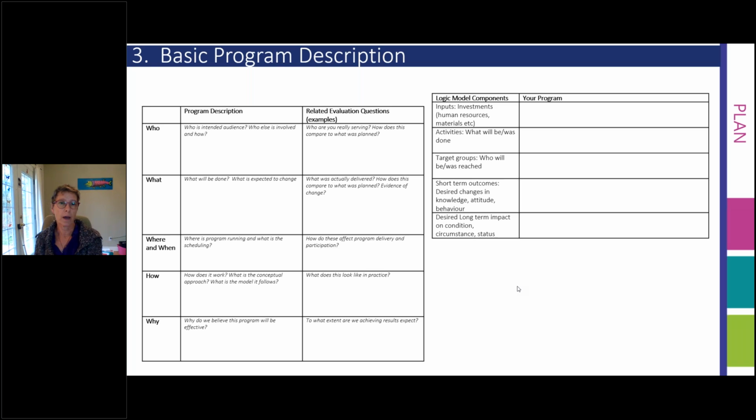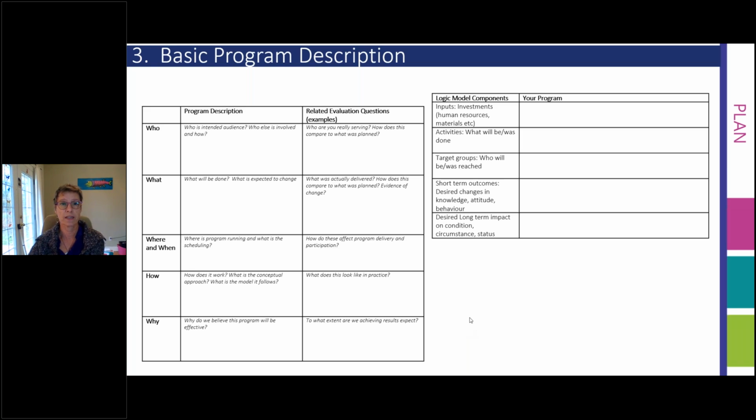This may be an actual program theory that's research-based, or it may be more intuitive: we've seen in our organization that when we do this, this happens. And along with every one of these program descriptions, there are parallel or related evaluation questions that you can pull from there. So we'll go through an example here on the program description.